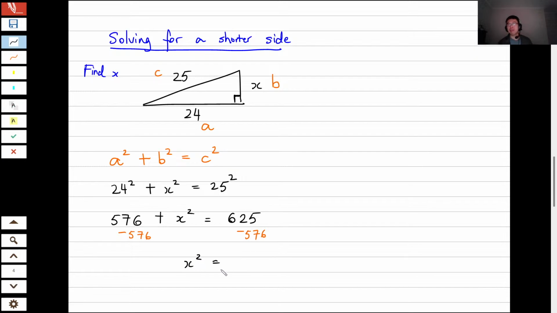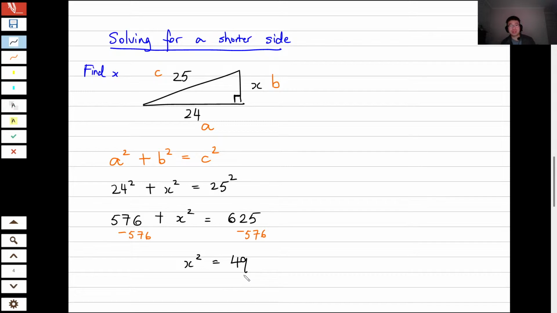So if I take 576 minus 576 on the left, I'll be left with 0. On the right, if I do 625 minus 576, I'll be left with 49. And notice, now that I've taken away 576, I've got an equation x squared equals some number.